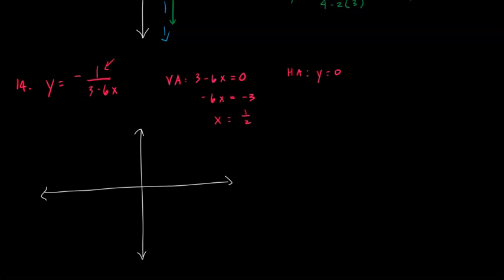So we have 1, make these spaces a little bit bigger, so we have 1/2, I mean 0.5, sorry, as our vertical asymptote, and y equals 0.